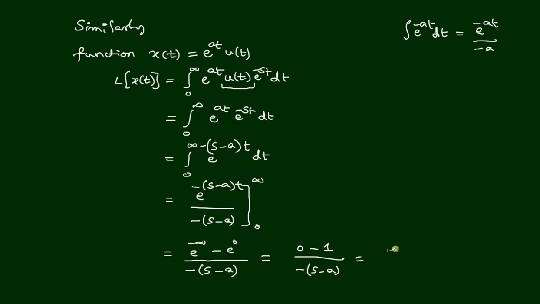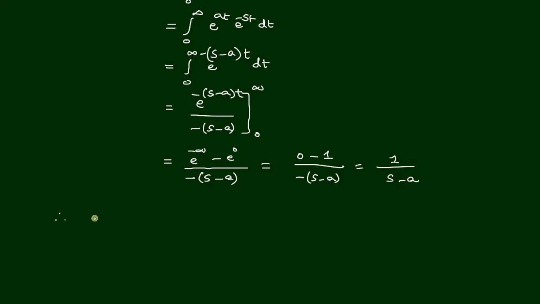We further simplify and write 1/(s-a). So this is the Laplace transform of the function e^(at) u(t). Therefore, the Laplace transform pair of e^(at) u(t) is 1/(s-a).